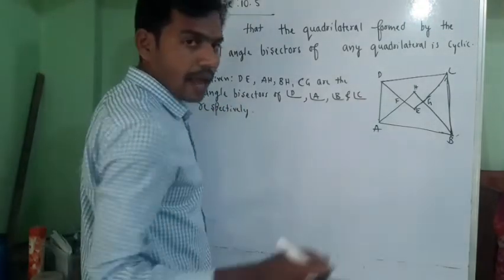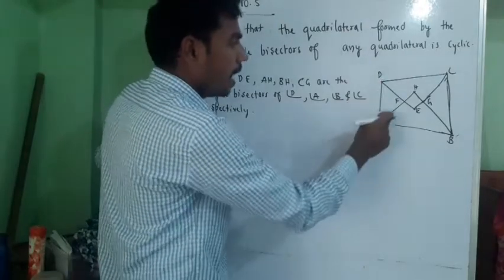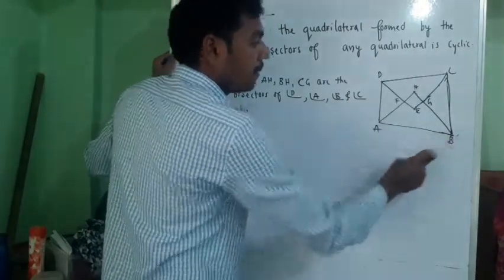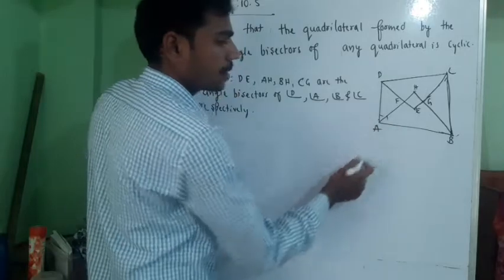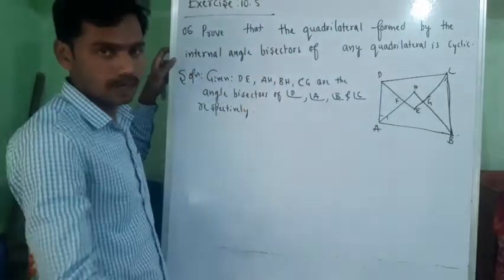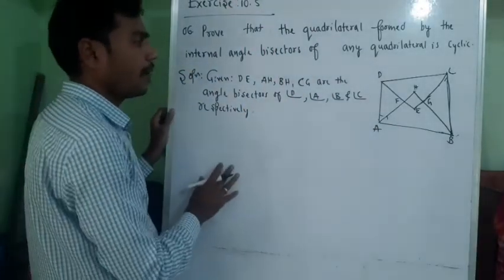What does angle bisector mean? See, in this case DAH will be equal to HAB. This is called angle bisector. It is going to bisect the angle into two equal parts, two equal angles. Okay. Now what we need to prove?